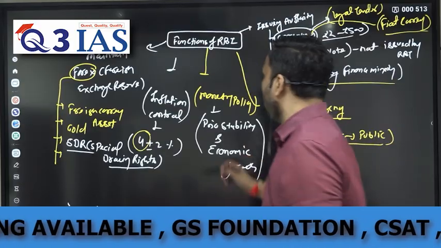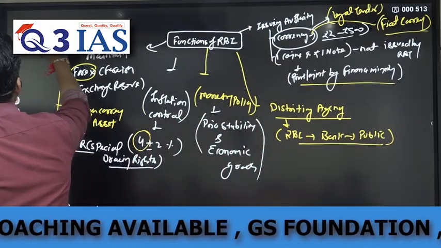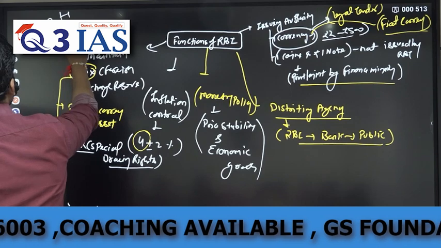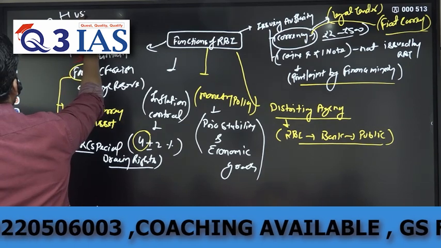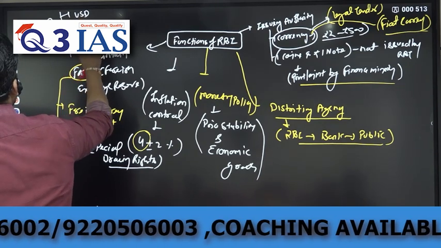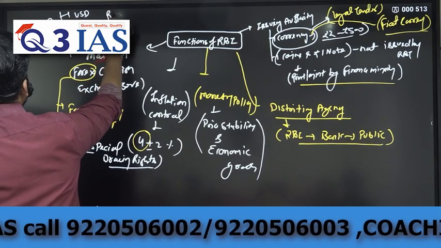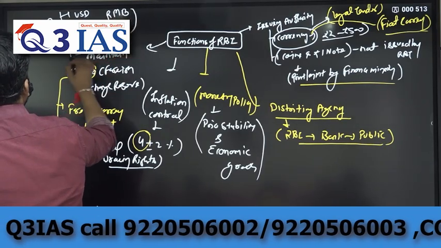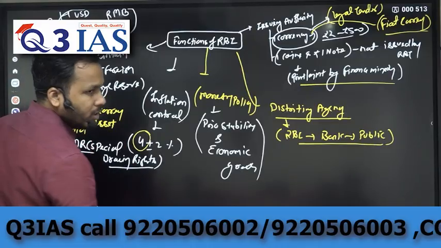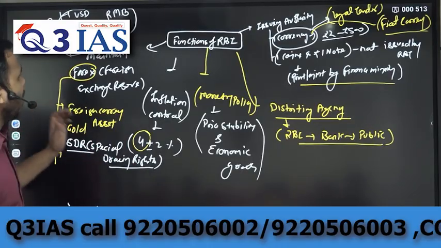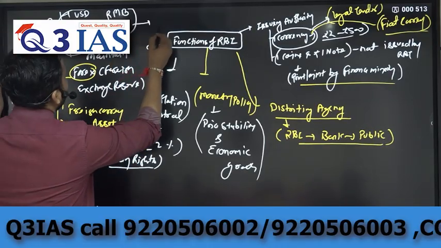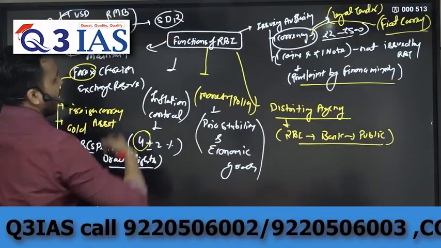Suppose that it is made up of some currencies like US dollar, euro, pound, yen, and the fifth one is RMB. This is a complete basket. Suppose this is a basket, and this basket is known as SDR. Is it clear?